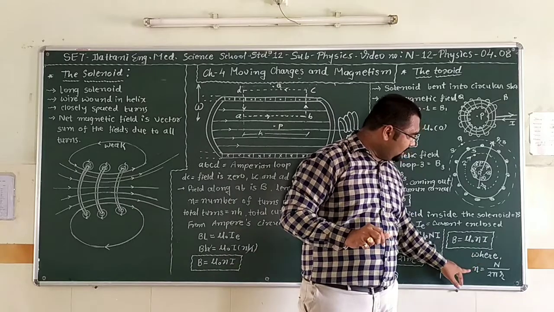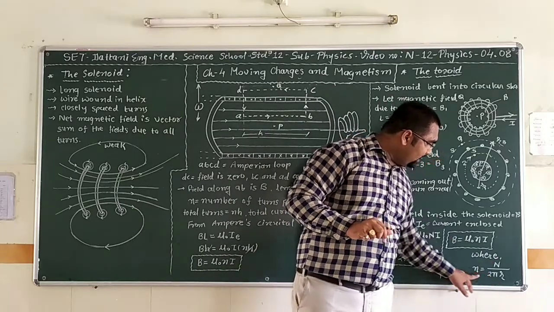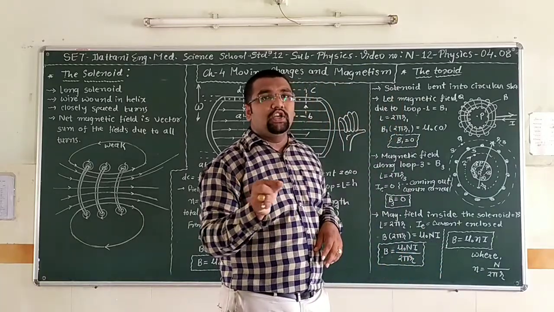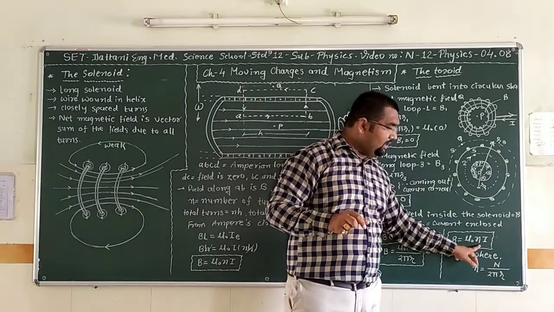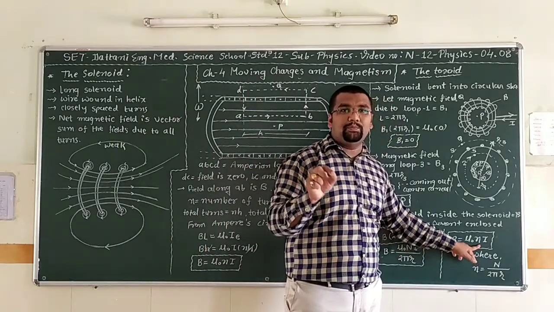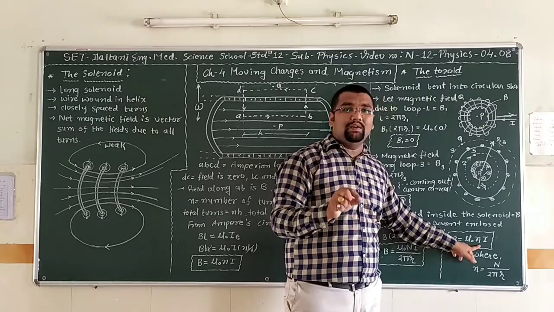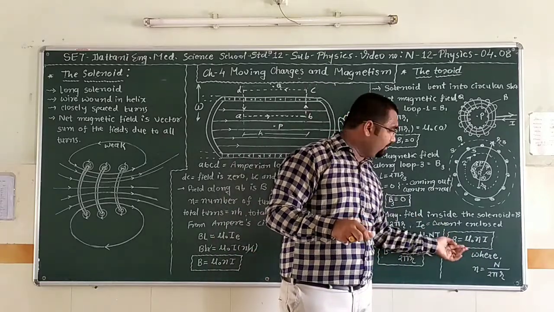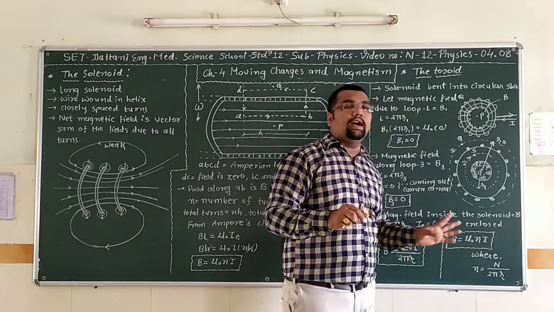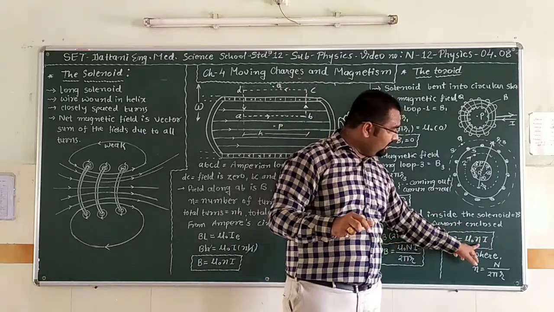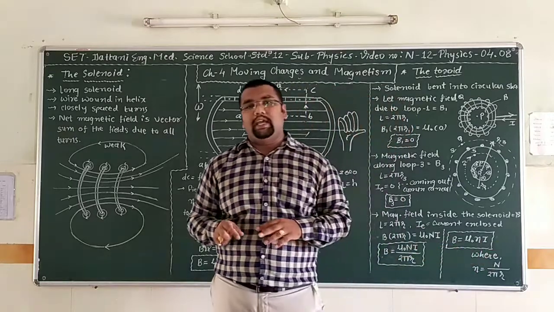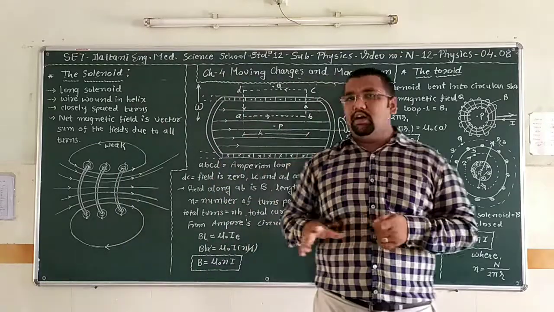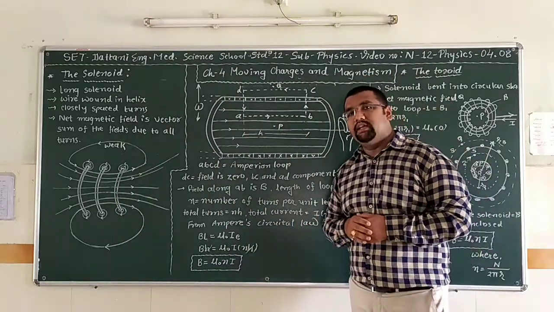Small n is the number of turns per unit length. So we can write this formula in this way also: B equals mu 0 n I, where the value of small n is equal to capital N upon 2 pi R. In this way we can get the information about the solenoid and the toroid.